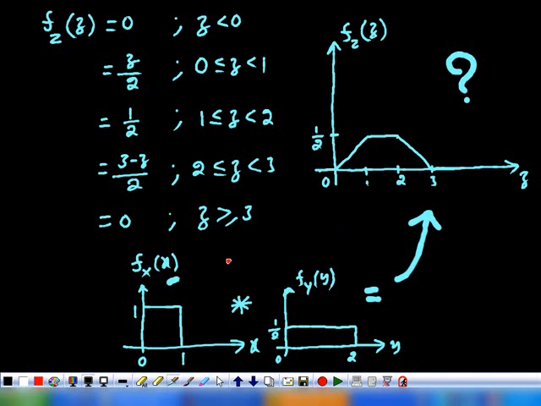If it were uniform, 1 by b minus a would be the density function. So what this indicates is that the two random variables x and y are uniform, but the random variable z equivalent to x plus y need not be uniform. Is it clear to you?